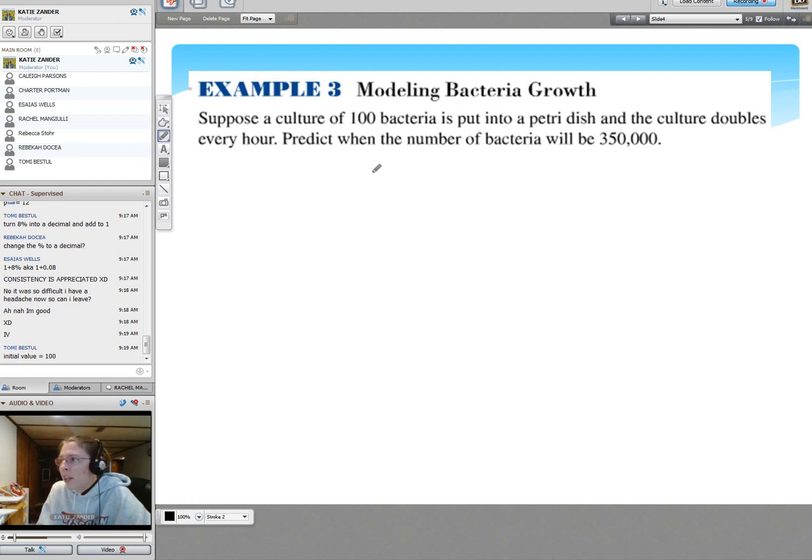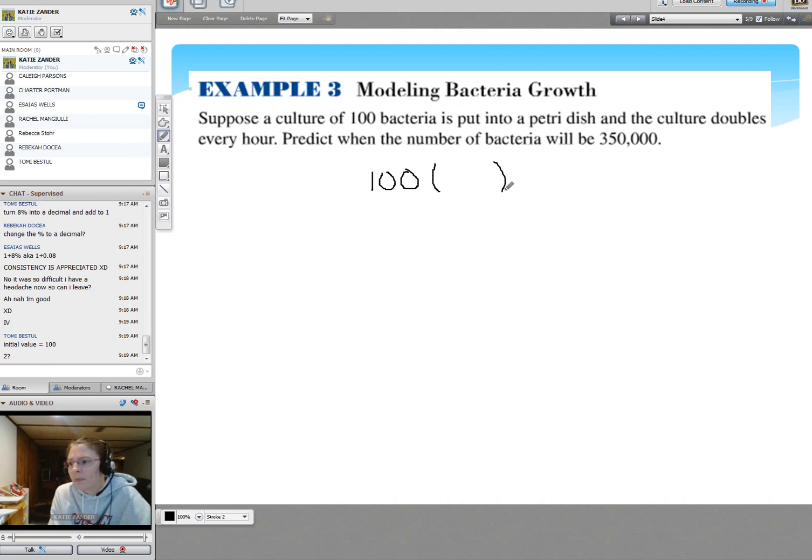Your initial value is 100. Good, and I think that's what Isaias was referring to as well. The initial value is 100. Does anybody know what the base is going to be? Two. Yeah, how did we get the 2?